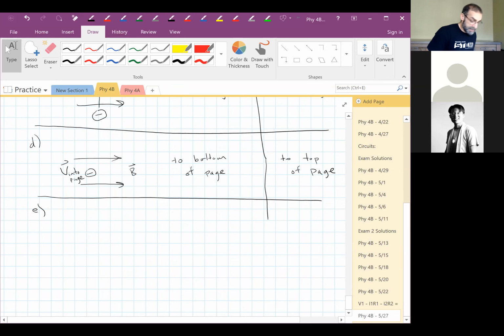Let's do this one. We've got our same magnetic field. V equals 0.